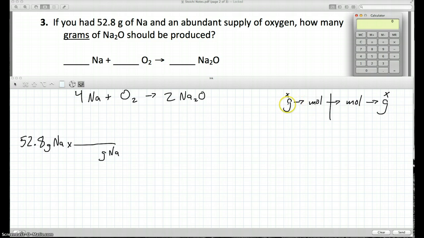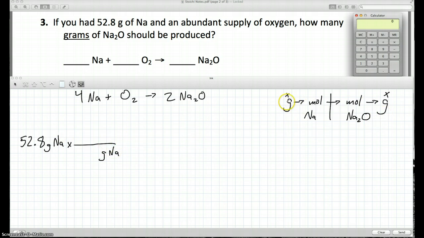So this is going to be a 3-step question. First step, second step, third step, which means we're going to have 3 conversion factors. Our starting chemical in this case, grams of Na, and I'm trying to end up with grams of Na2O. So I got my map set up.